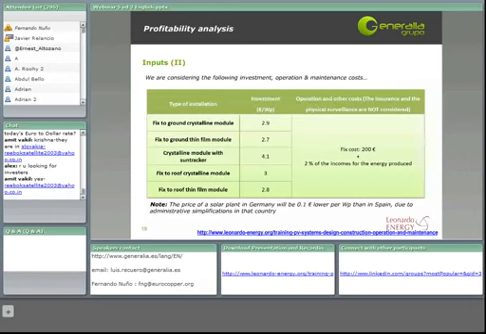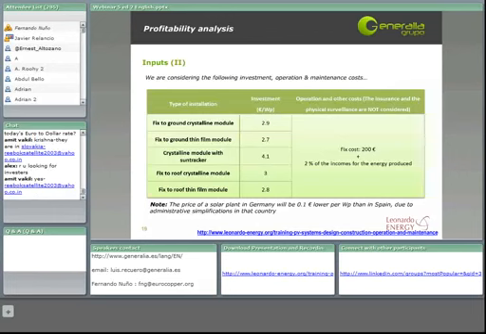Here we have selected a map in order to explain a little bit the considerations in our profitability analysis. We have selected different types of installations in these two countries, which are among the world leaders in solar energy: Germany and Spain.